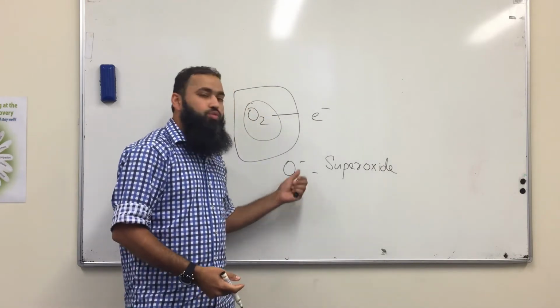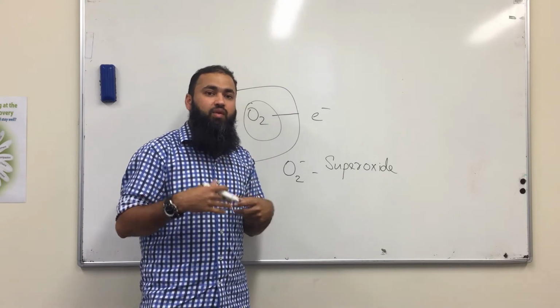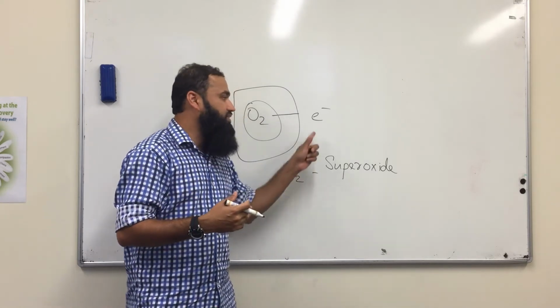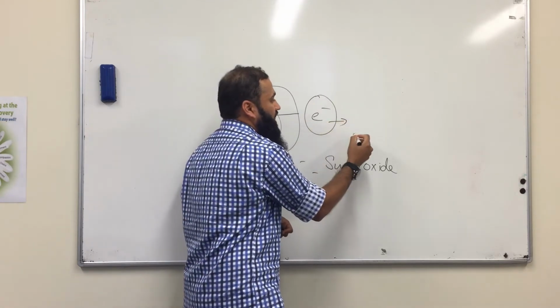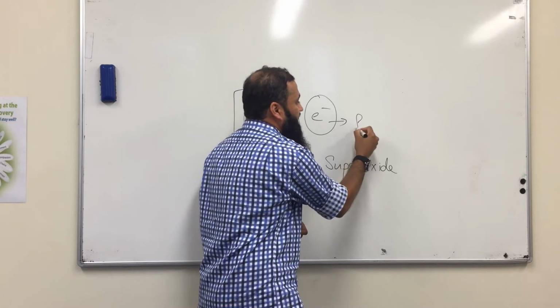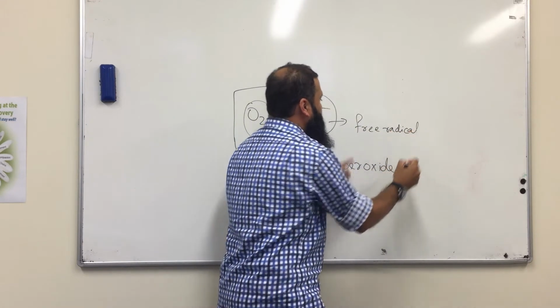This superoxide, O2 minus, is highly destructive. It can damage the cells wherever the oxygen loses an electron. The lost electron is called a free radical. It is a free electron.